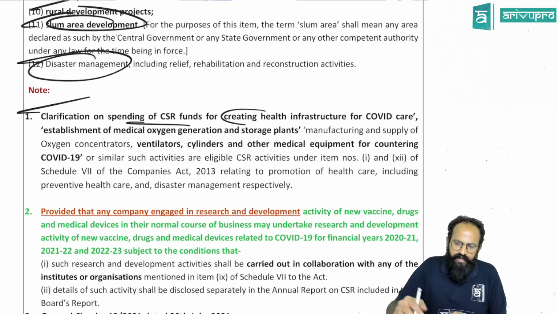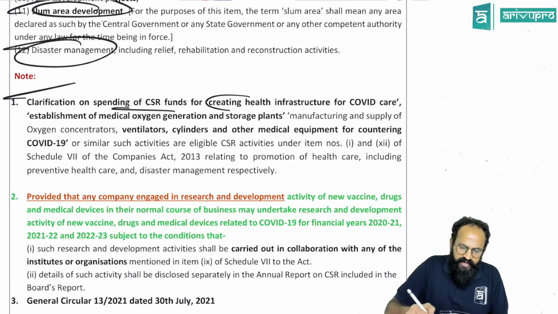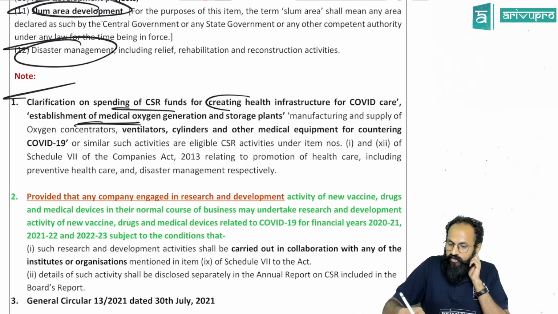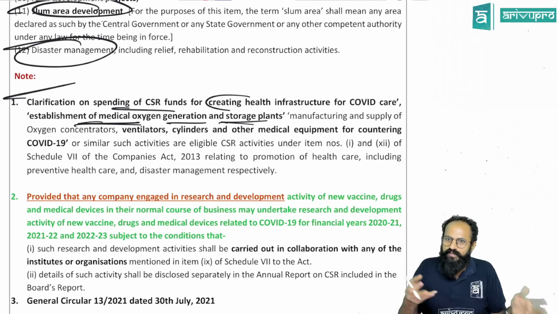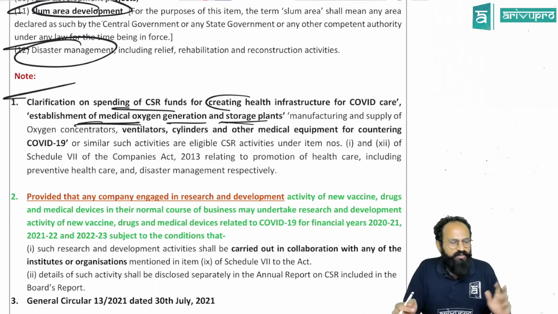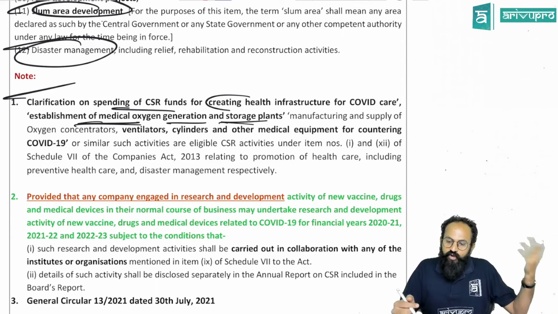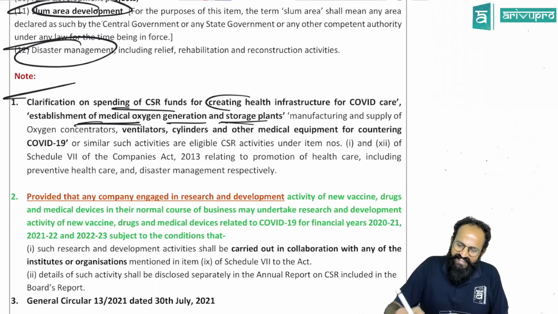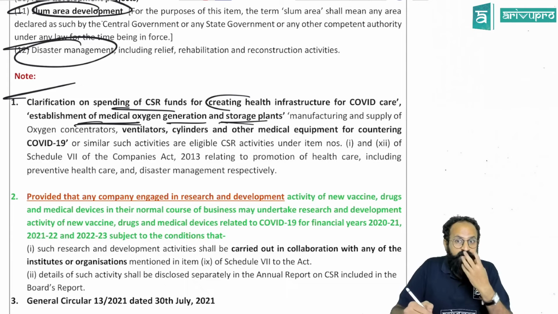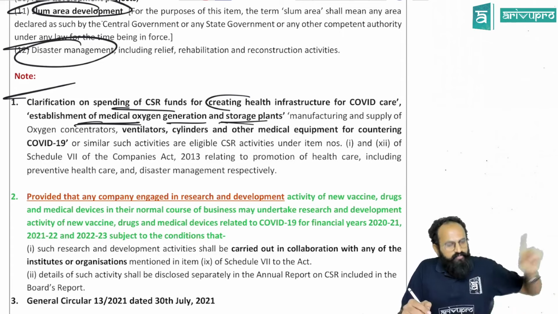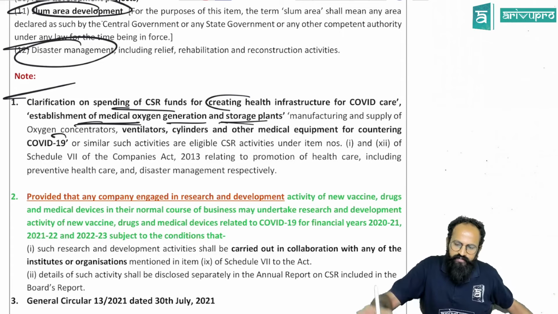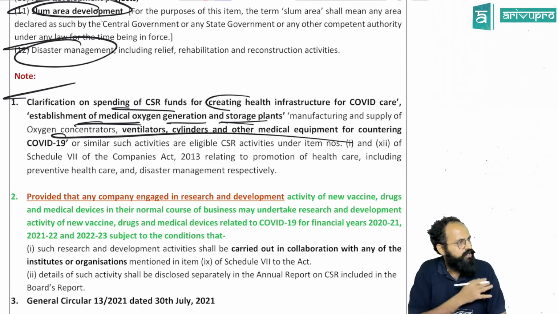Establishment of medical oxygen generation and storage plants. You remember, people, during COVID, you did not have beds in Bangalore, in hospitals. You remember that oxygen ventilators were not there. So if anyone gave money towards all of this, it was considered as CSR during COVID.